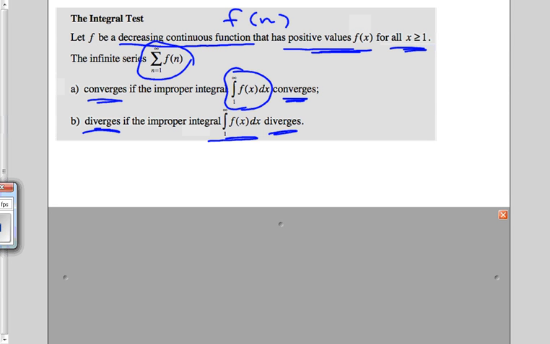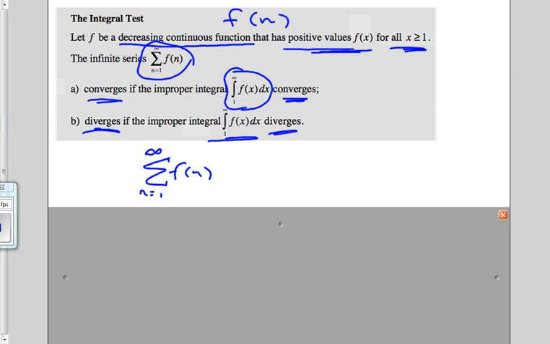And just to add some clarity to this idea of using an integral as opposed to the sigma notation, we know that the sigma notation from n equals 1 to infinity of f of n is adding up when n is 1, n is 2, n is 3, n is 4, all the way up to infinity.